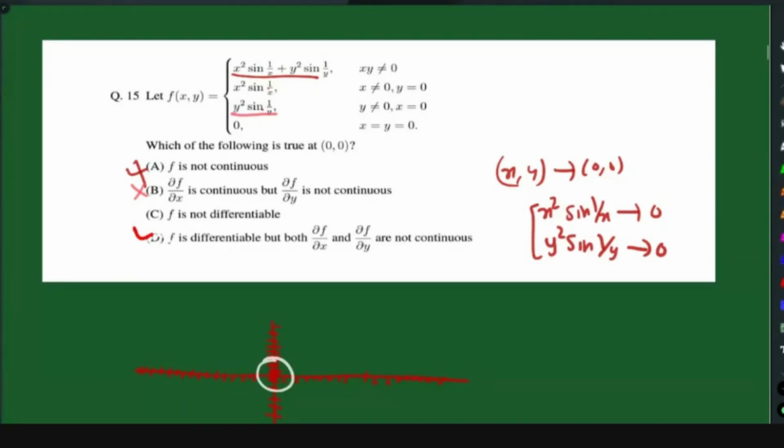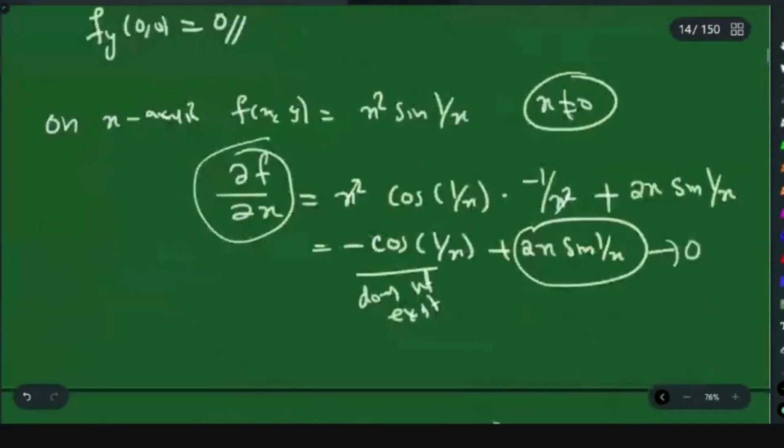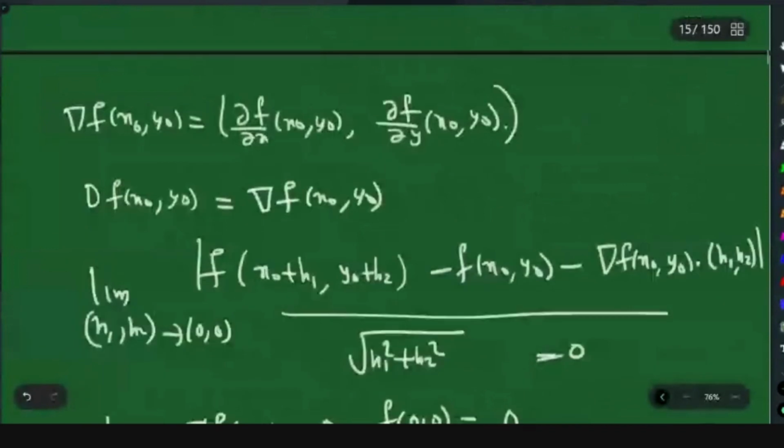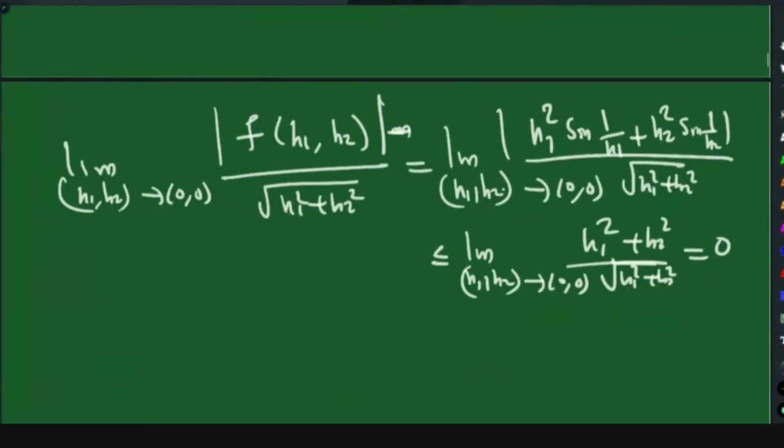So when you look at the second part, what you have to do? Your x component is not 0 and y is 0, right? So there, h2 will be 0 and h1 is non-zero. So then your equation reduces to the form. Let me check it. Along the x-axis, if you are looking, h2 will be 0.